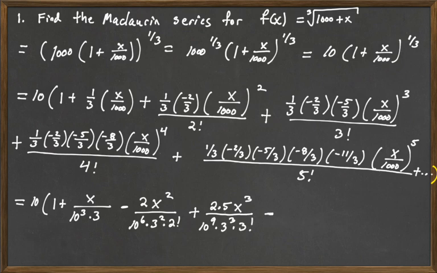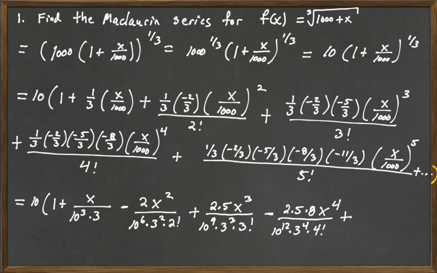Next one, we're going to look at 1 times negative 2 times negative 5 times negative 8, so ultimately that's going to be a negative. So 2 times 5 times 8, x to the fourth, and then we have 1,000 to the fourth, which will be 10 to the 12th. And then we have 3 to the fourth, and then 4 factorial in the denominator.